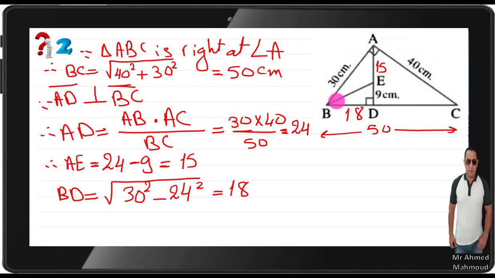Now I need to prove that this line bisects angle B, so I compare AE over ED and AB over BD.